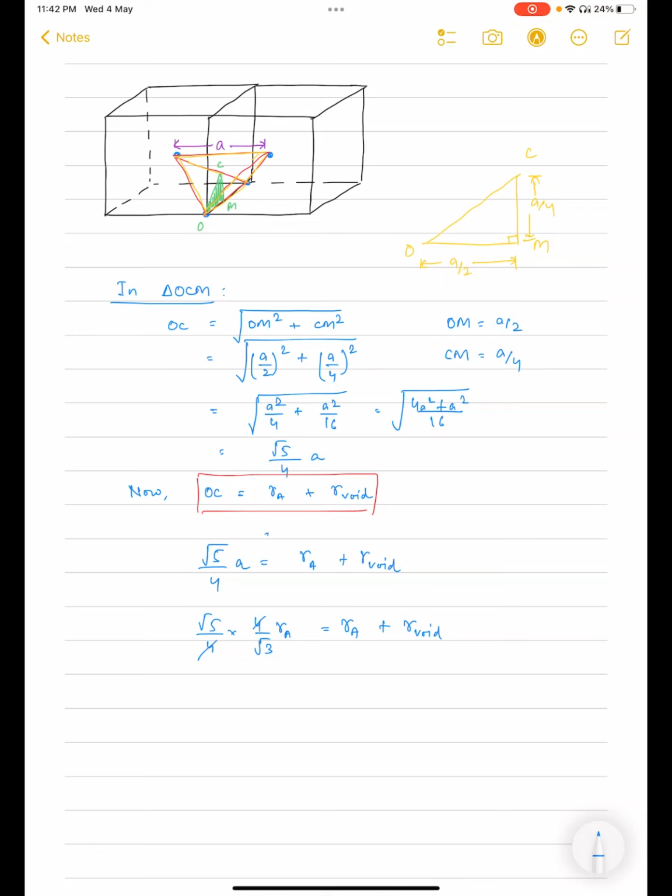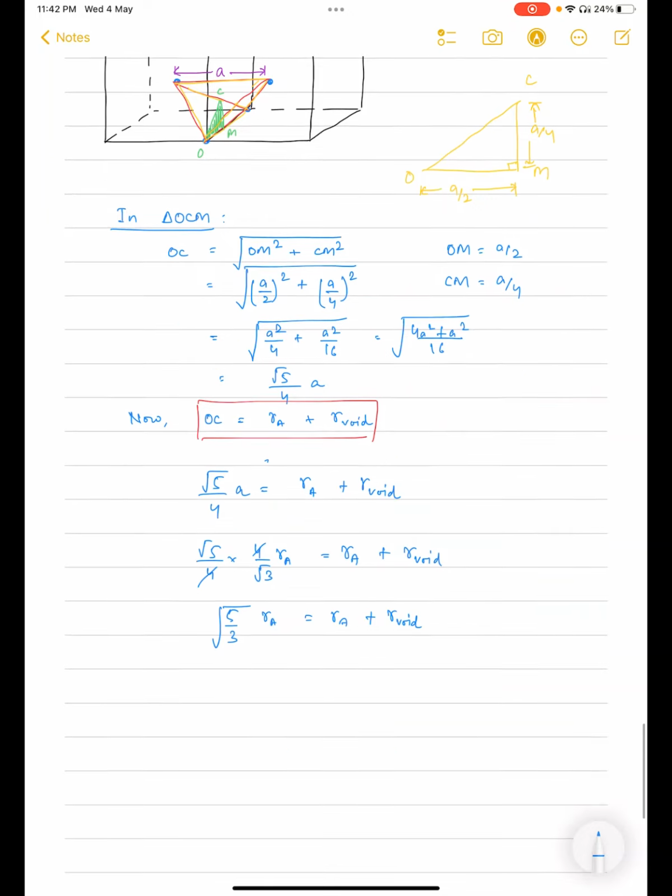So the equation is root 5 by 3 RA equals RA plus R void.